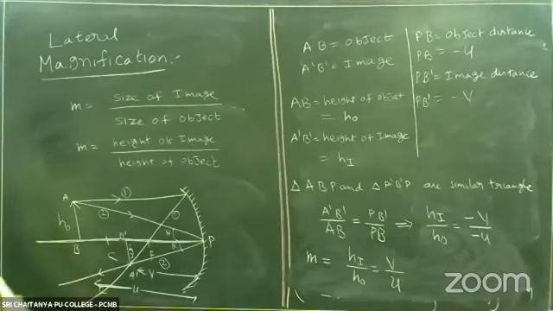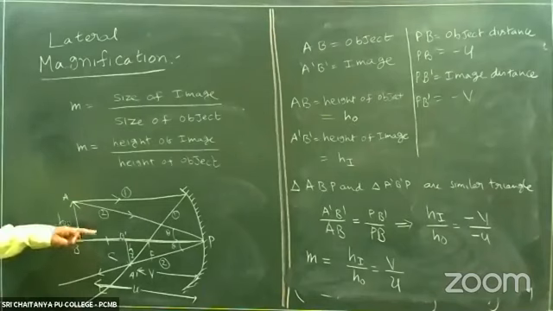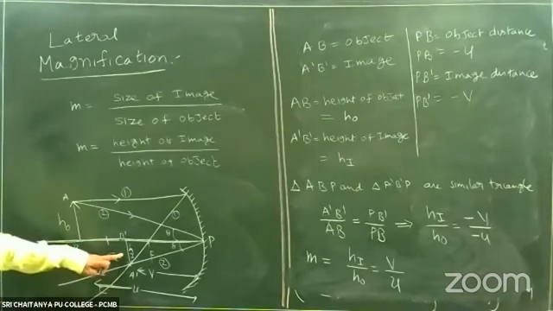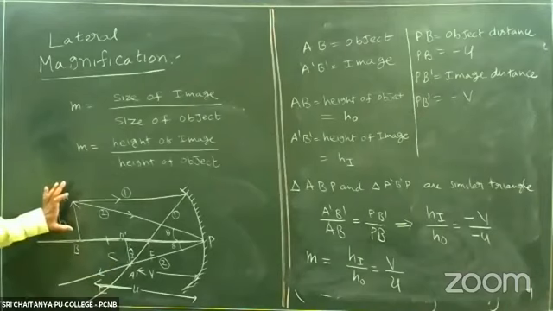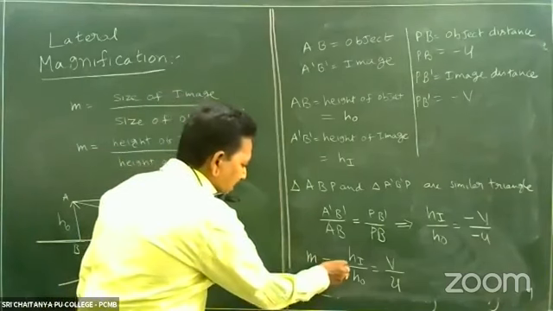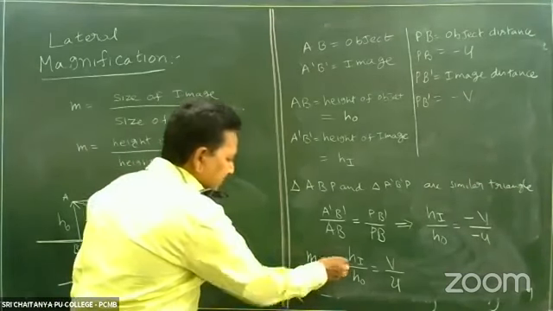While studying the rules of sign convention, all the heights above the principal axis are taken as positive, and all the heights below the principal axis are taken as negative. So HI value is negative, H naught value is positive. So we will get a minus sign also here.